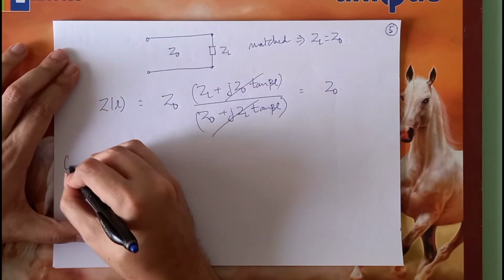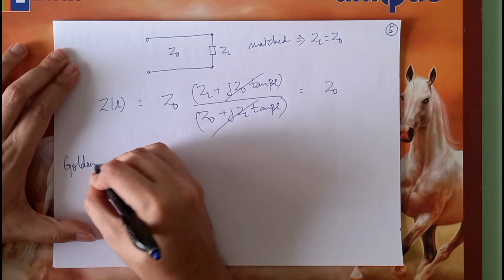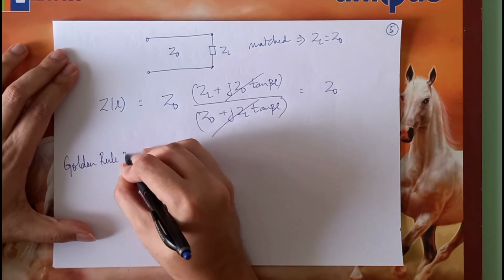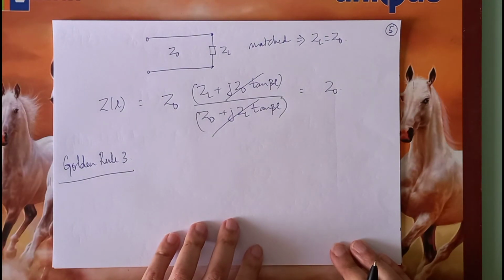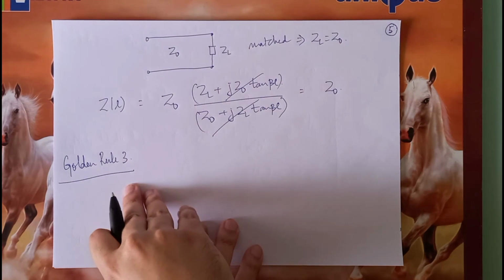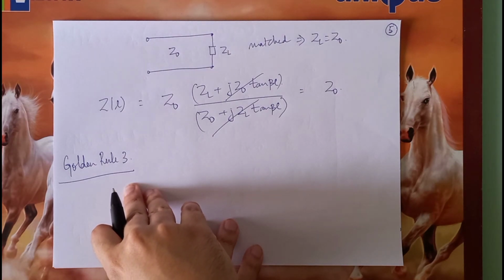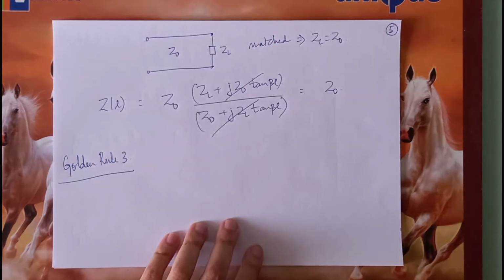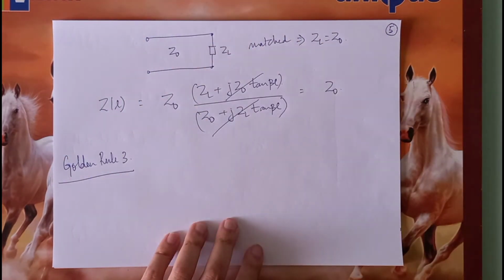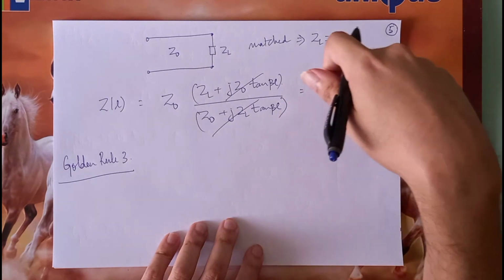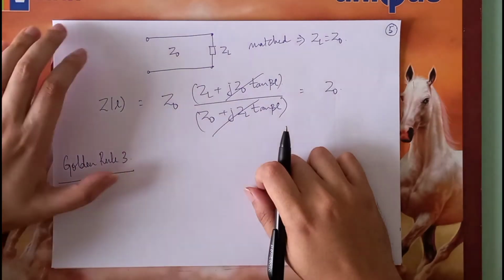So with this we propose golden rule number 3, which is probably the simplest of all the rules that you have come across so far. That is, in a transmission line where the line and load impedances are matched, the impedance seen at any point on the line would be constant, which is nothing but the characteristic impedance of the line itself.